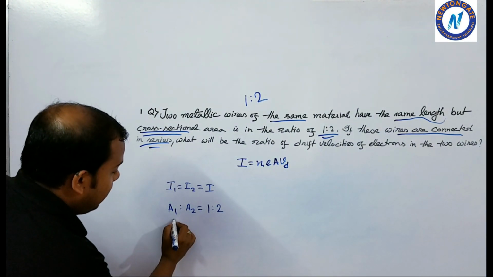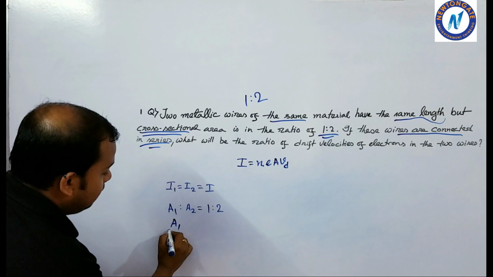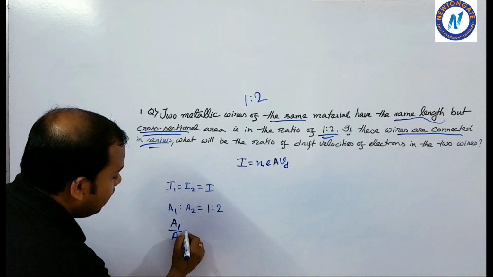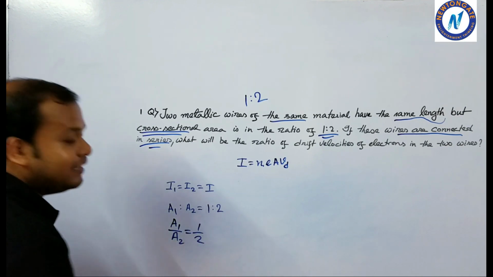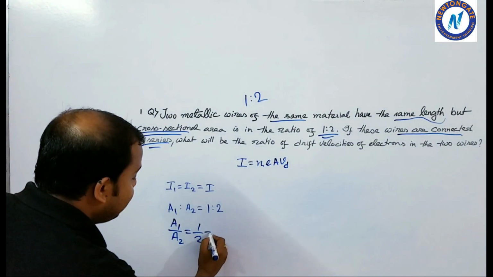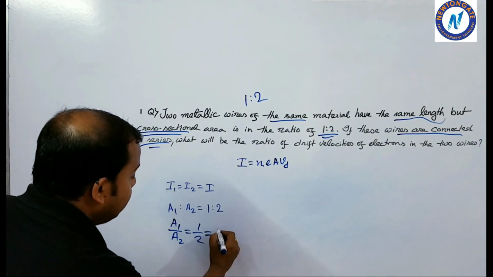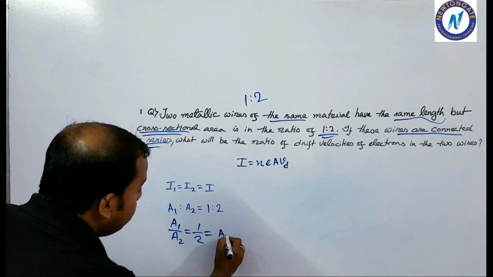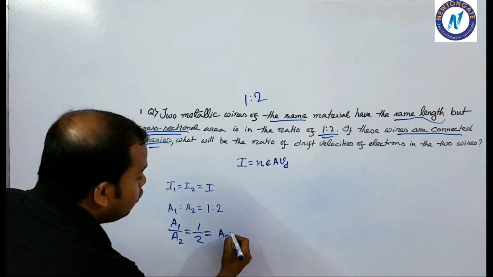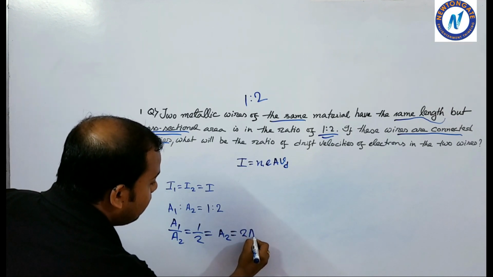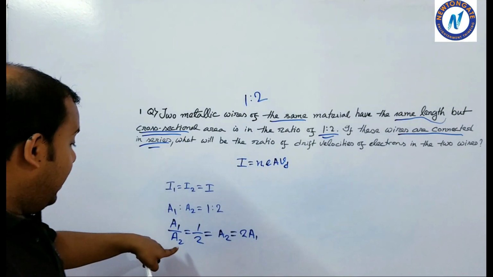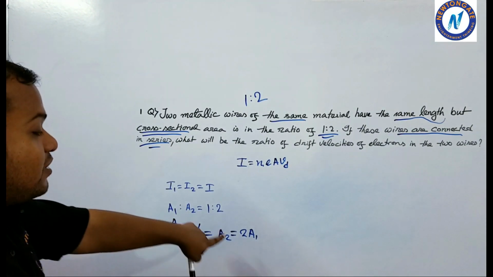From this, A1 divided by A2 equals 1/2, or A2 is basically twice of A1.